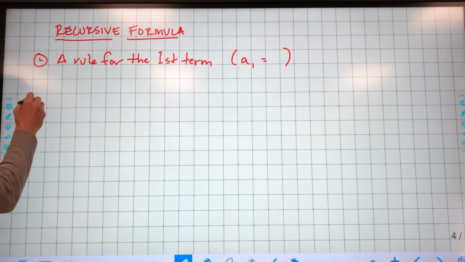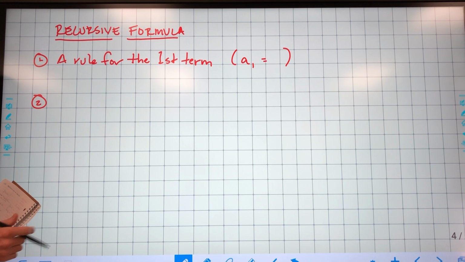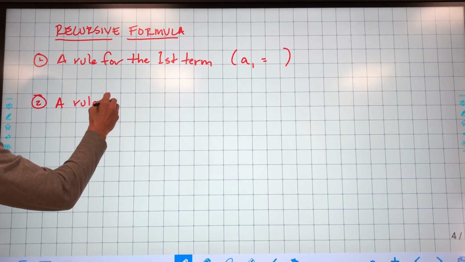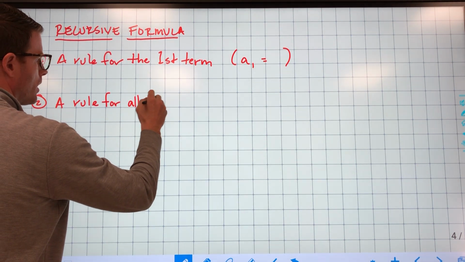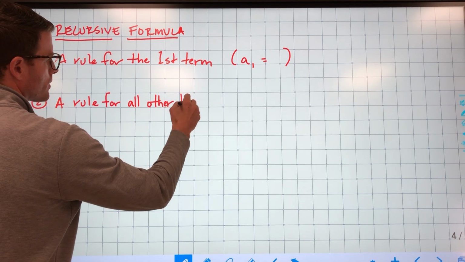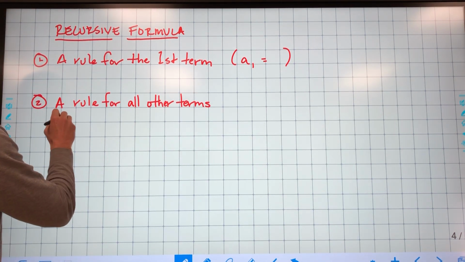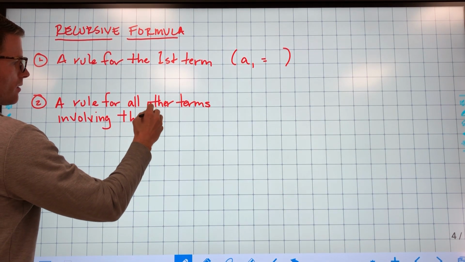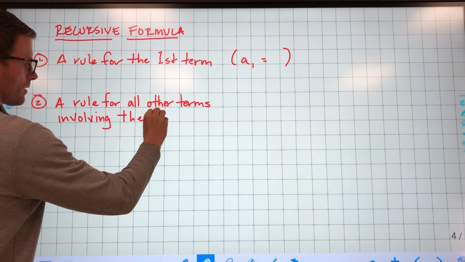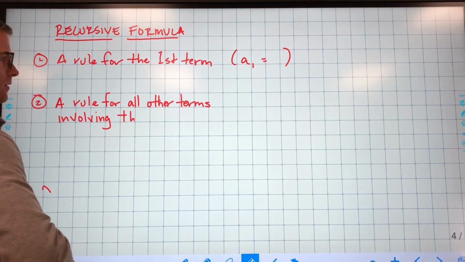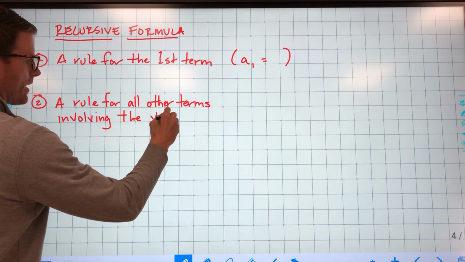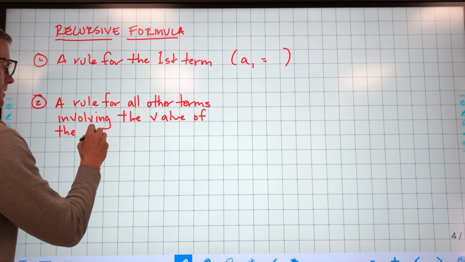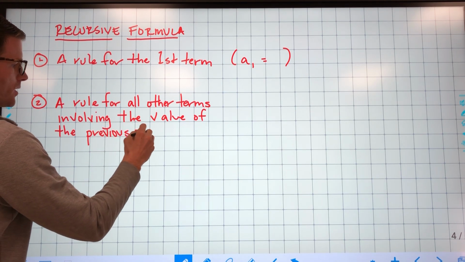The second thing that is involved in a recursive formula is a rule for all other terms involving the value of the previous term.